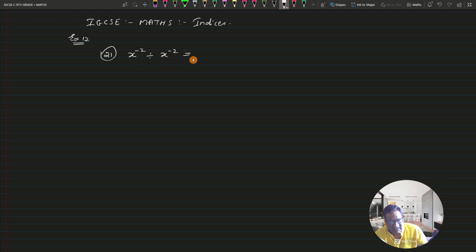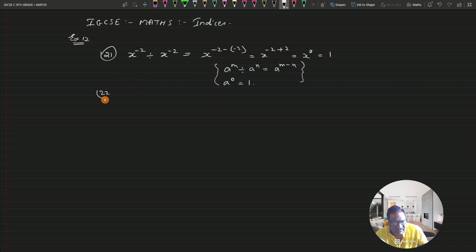Because the bases are the same, x and x, I'll write x raised to minus 2 minus of minus 2. This will work out to x raised to minus 2 plus 2, which is nothing but x raised to 0, and anything raised to 0 is 1. Two laws I have used here. One is a raised to m divided by a raised to n is equal to a raised to m minus n, and the second is anything raised to 0 is equal to 1. These are the two laws that I have used in this particular question.